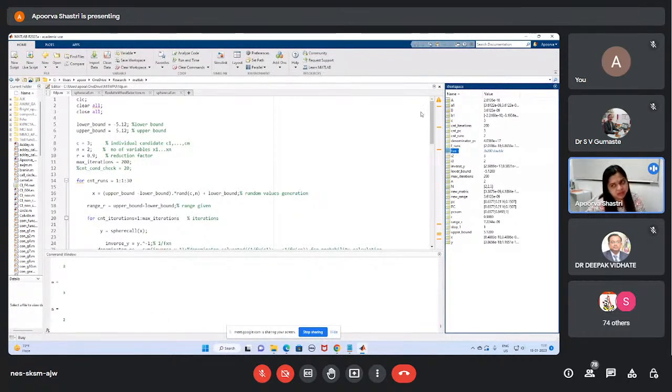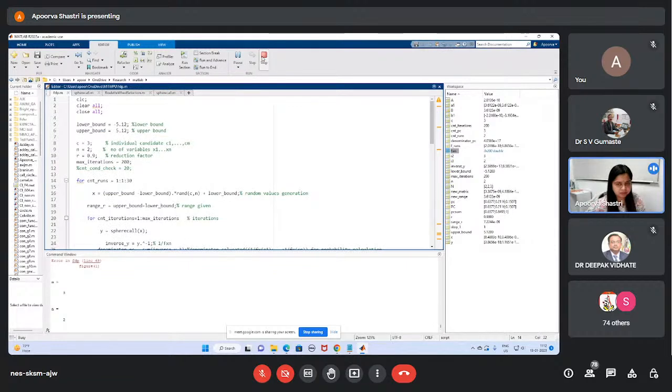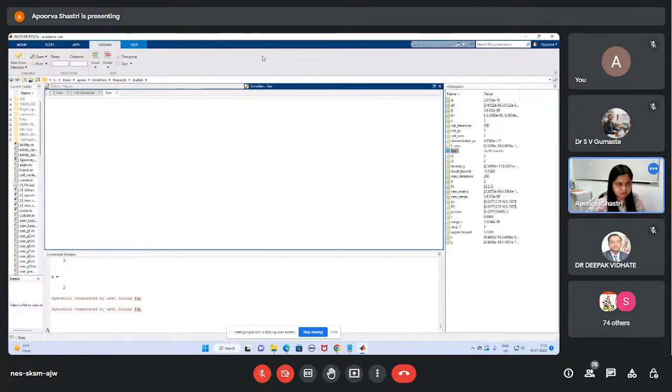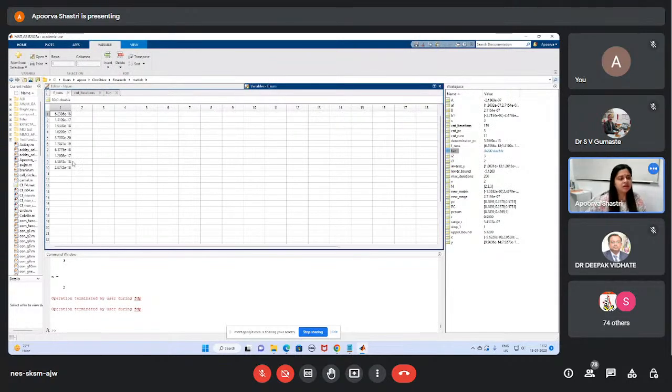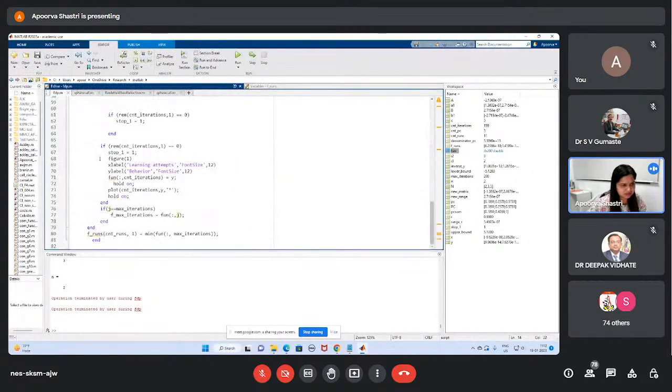Just wait for 2, 3 minutes. Okay, so let us check for 10 runs. For 10 runs, these are the values. I'll show you for 30 runs also. Let us comment on the plot section first.